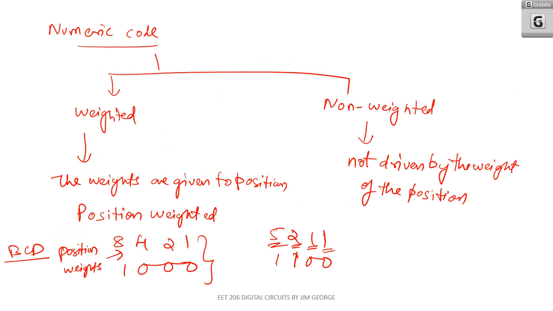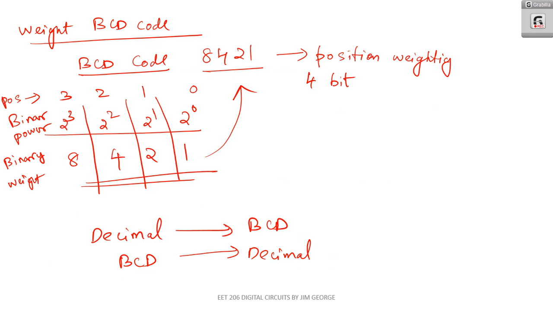Now, numeric codes: we have weighted codes and non-weighted codes. What is meant by weighted code? Here weights are given by position weighting. So if you are writing 1000, it is 8421 code. Now, what is weighted BCD code?